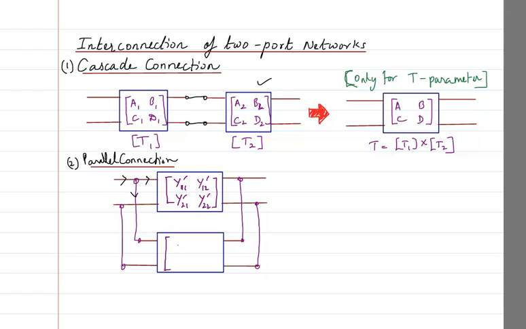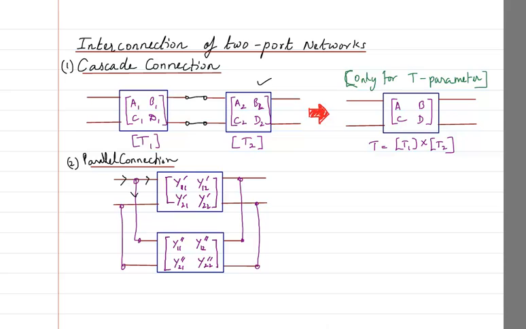And for the second case, I am going to have again a Y parameter, which is now going to be represented as Y11 double dash, Y12 double dash, Y21 double dash, and Y22 double dash. And suppose I am going to connect them like this, that is, in parallel connection.